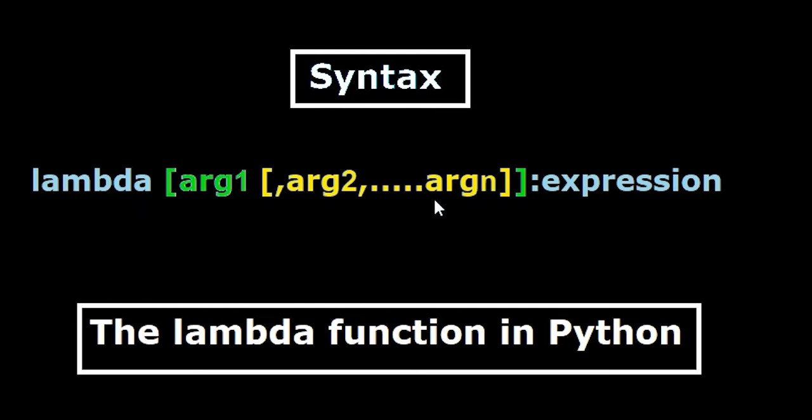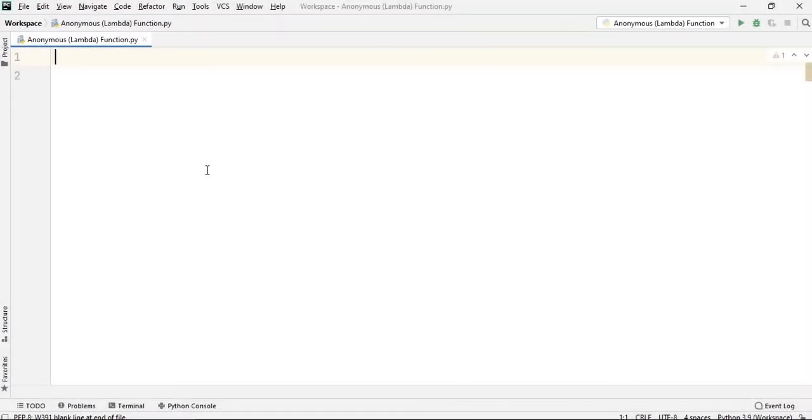Now let us move on to PyCharm so that I can show you the use of the lambda function. So here, let me give you an example where I can show you how to add three numbers with the help of the lambda function. I will write the name addition is equal to, then I will take the lambda keyword and here I will give the arguments.